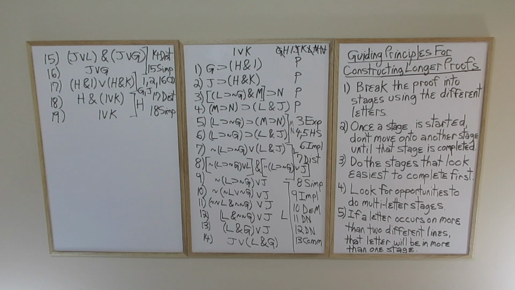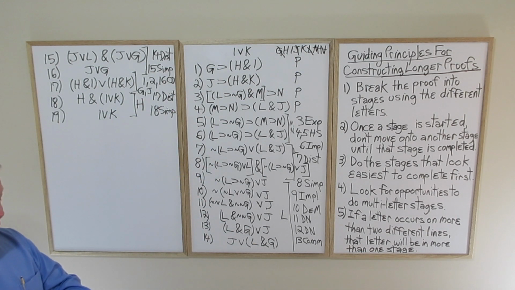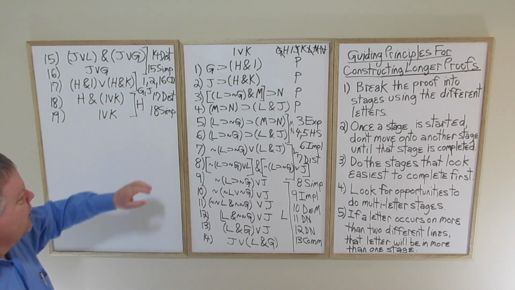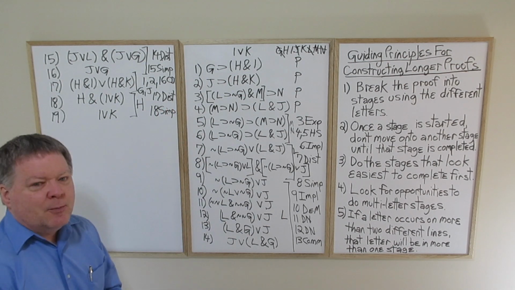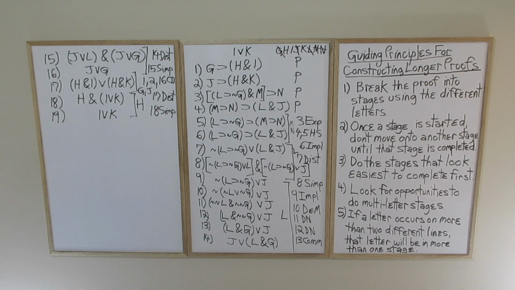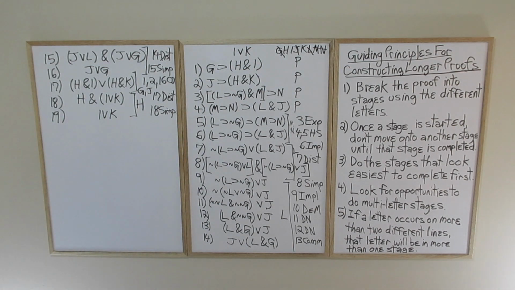May I suggest, with a proof like this, too tricky to just start from the top down, having no plan in mind of how to strategically complete the proof in stages. Once you adopt a strategic, stage-oriented approach to proof construction, even a super hard one is going to be very doable.